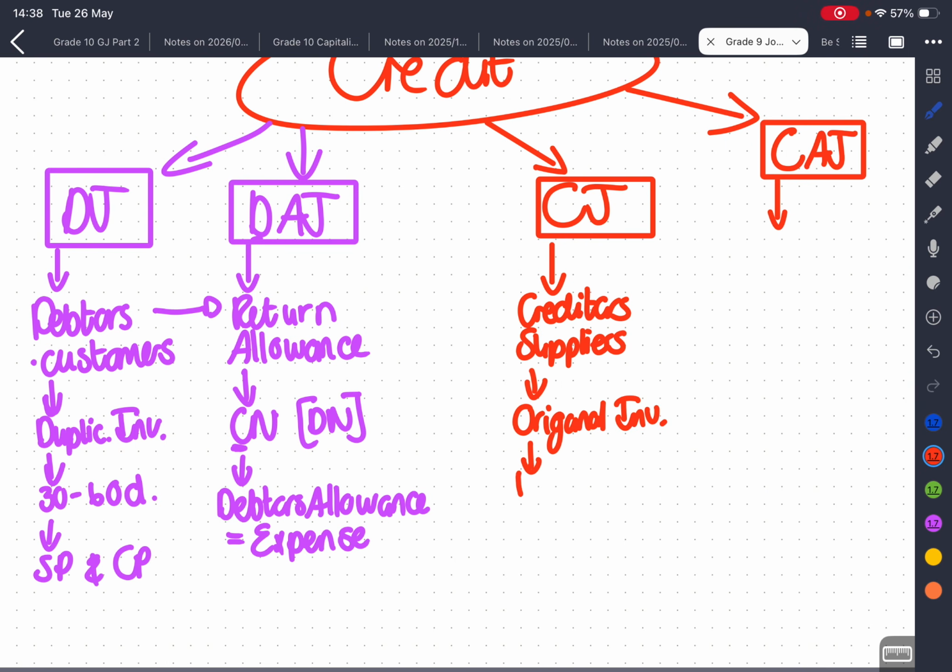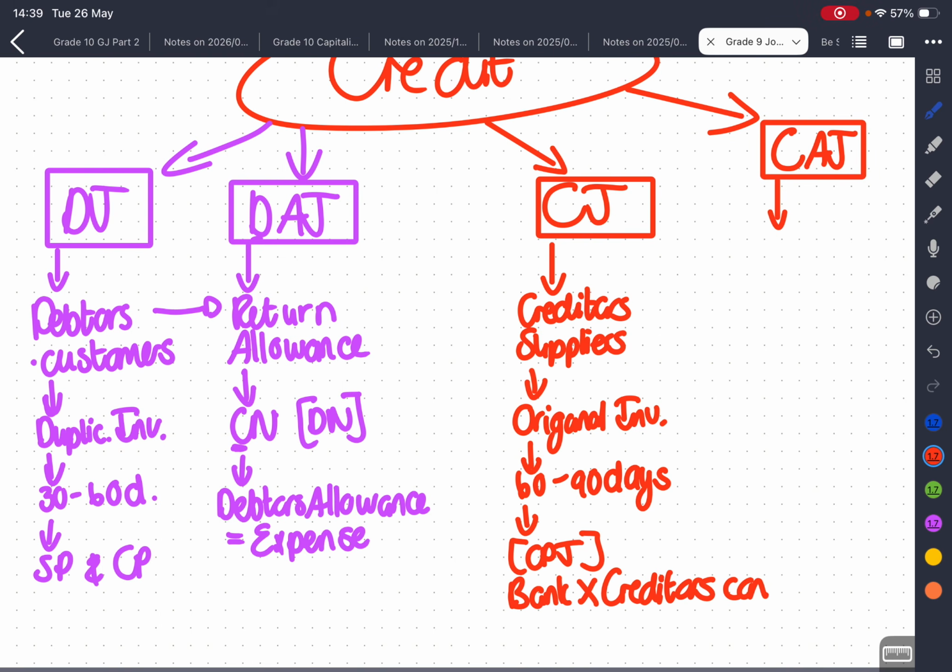I will ask for 60 to 90 days because I need some time to get the money from my debtors so I can pay the creditor. And then the good news is this journal looks like the CPJ, exactly the same, the format, except there's no bank account or bank column rather. There's a creditors control column in the place of bank. So just take note of that.